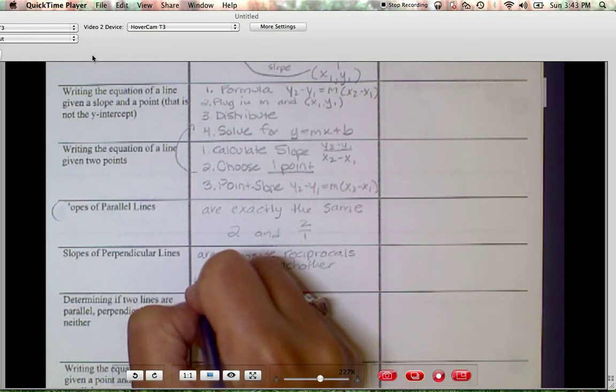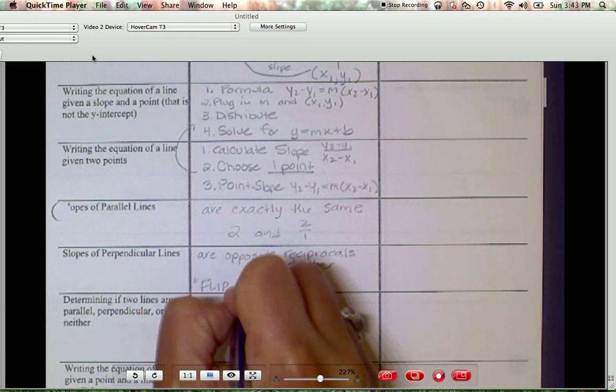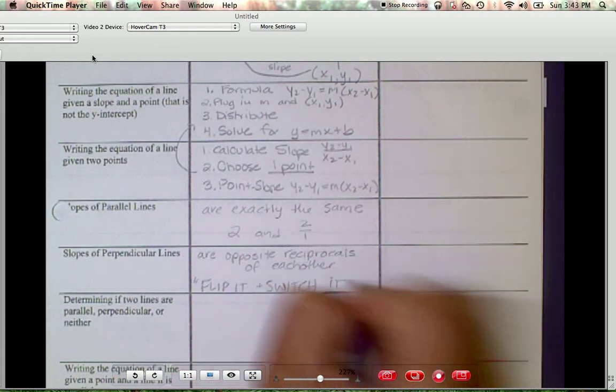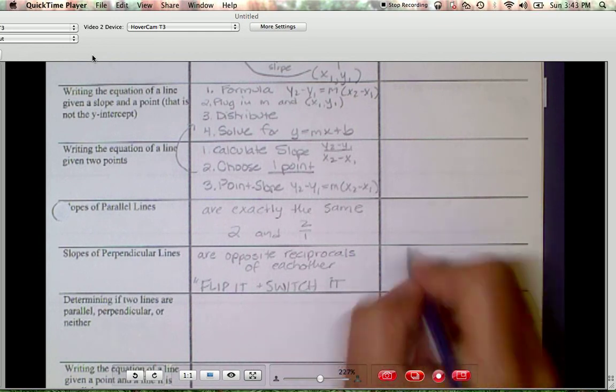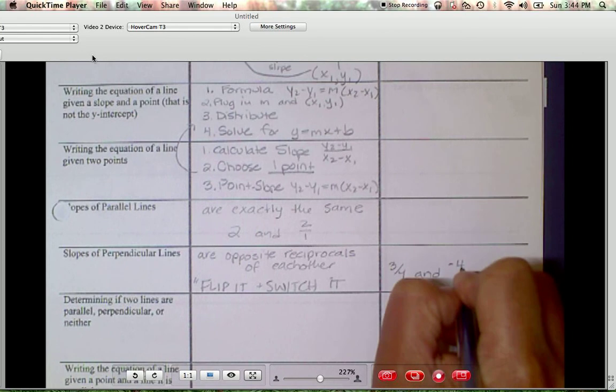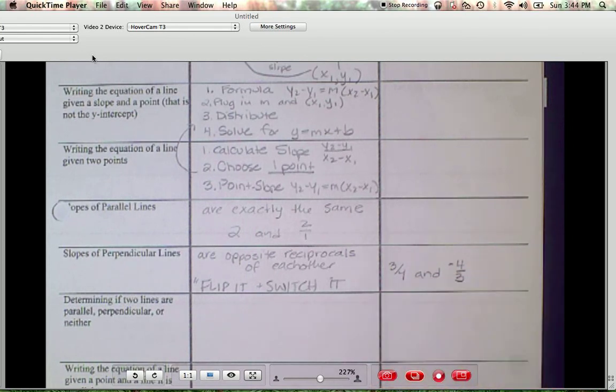And I say flip it and switch it. Like 3/4 and negative 4/3. Flip it and switch it.